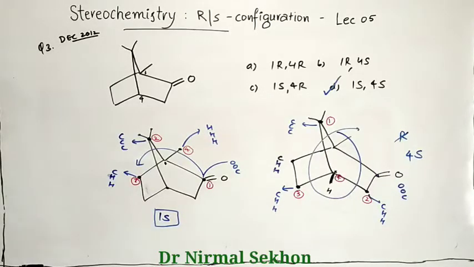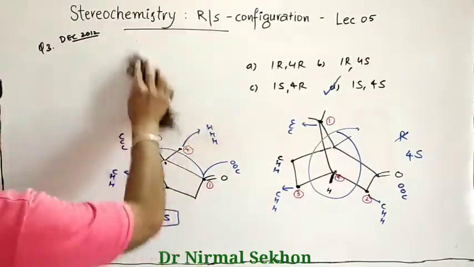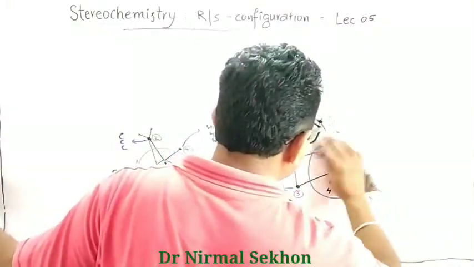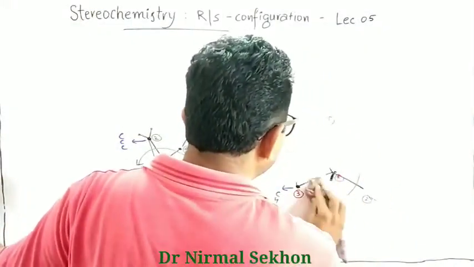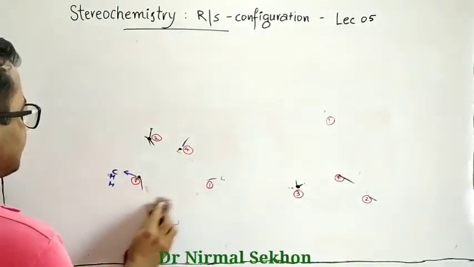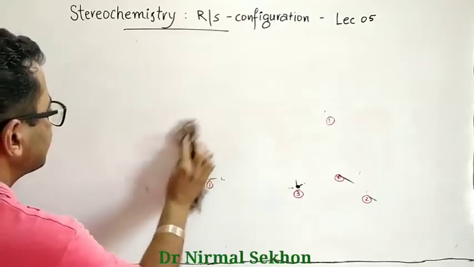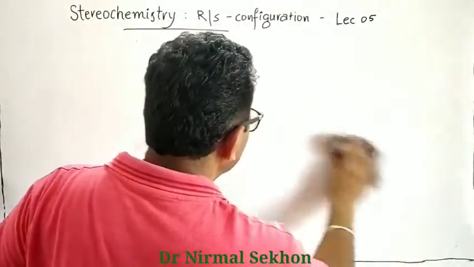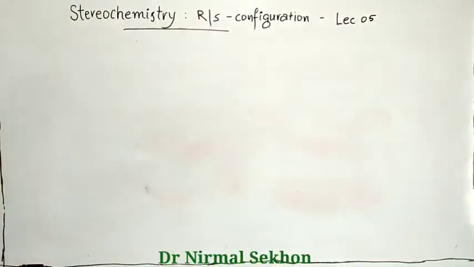Next, one more question from the same CSIR UGC NET exam. So question number 4.